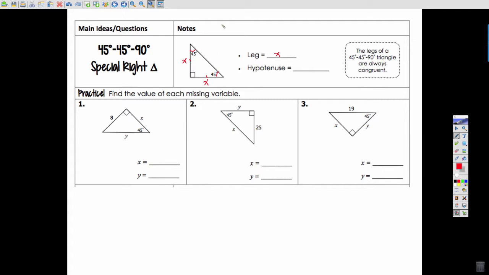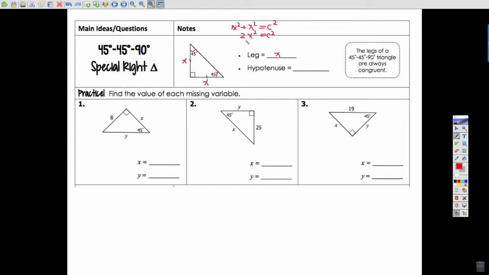If two legs are both x, so if I do my Pythagorean theorem, a squared plus b squared is x squared plus x squared, which should equal c squared. Now, 2x squared would equal c squared.